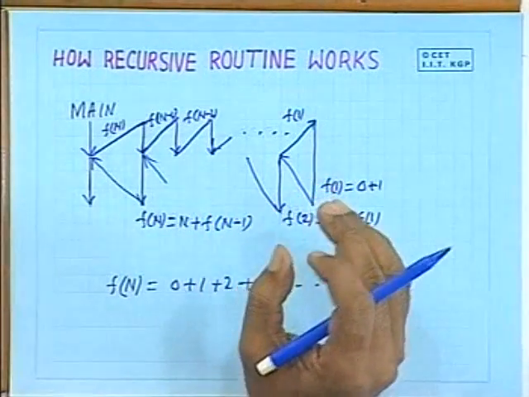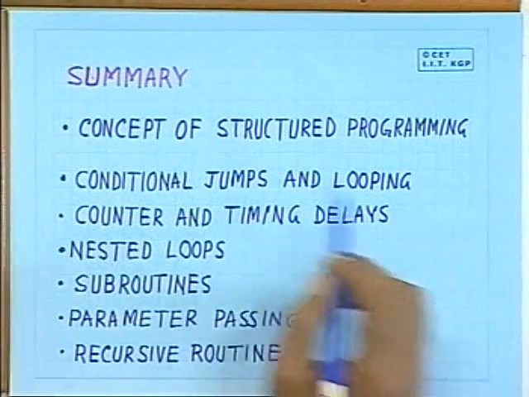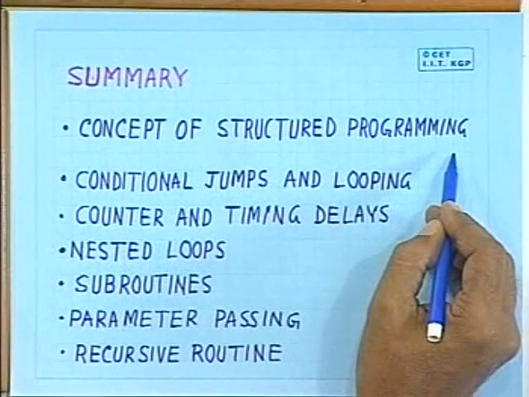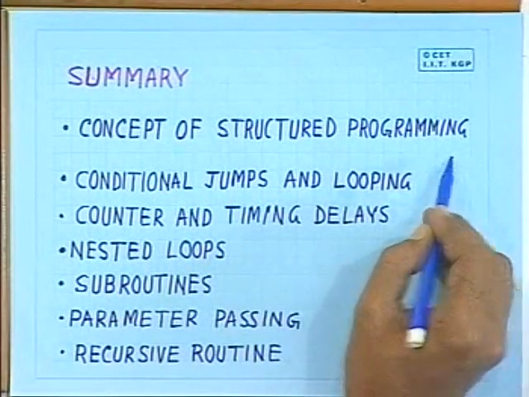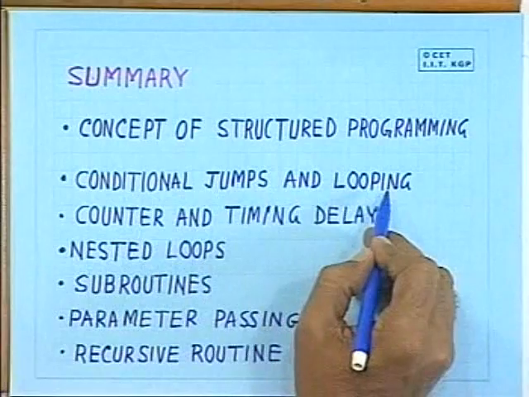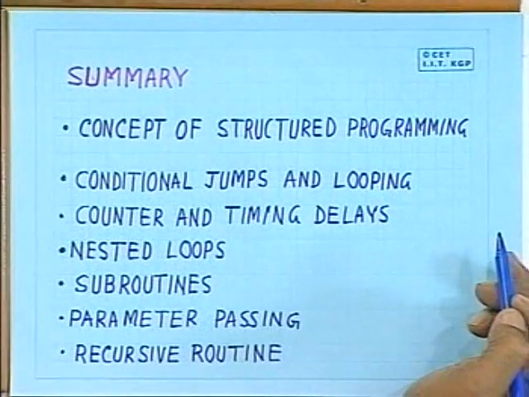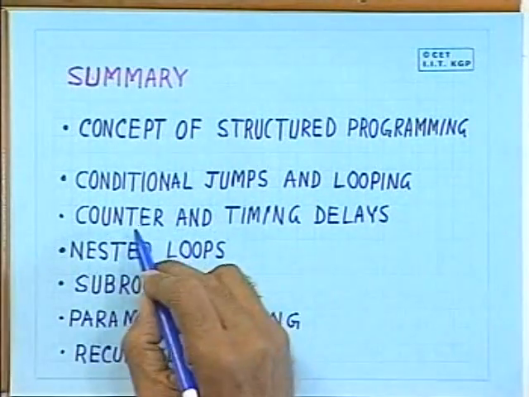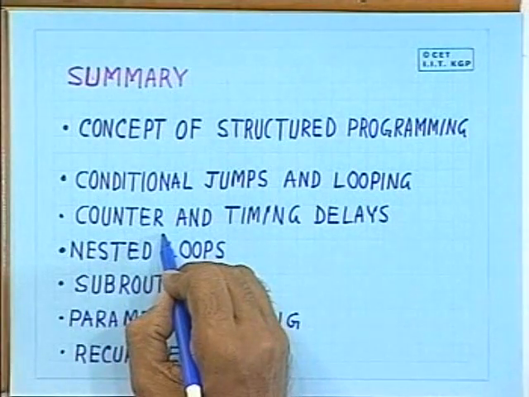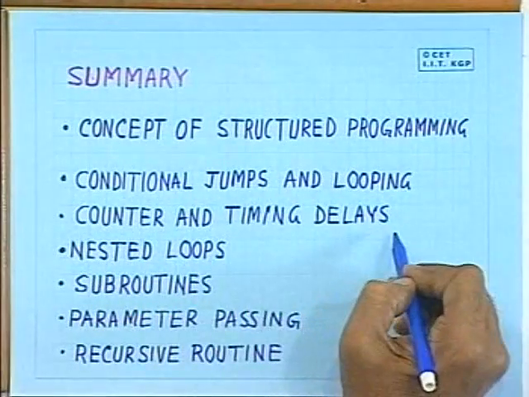So I have explained how a subroutine works and how a recursive routine works, which is a special type of subroutine. And in this lecture we have covered a lot of ground. We have discussed the concept of structured programming. We have discussed the conditional jumps and looping techniques, and how the registers can be used as counters and you can generate timing delays.